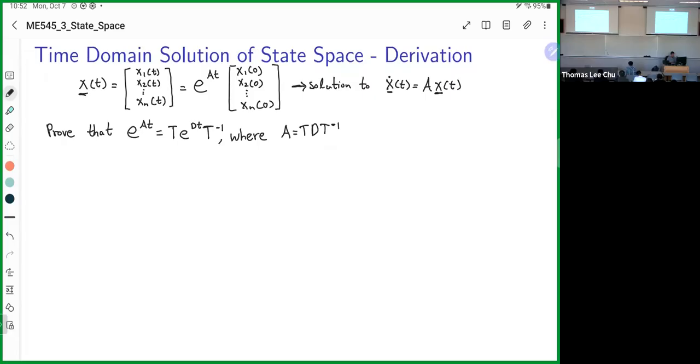So basically what we want to look at is the Taylor series of an exponential.